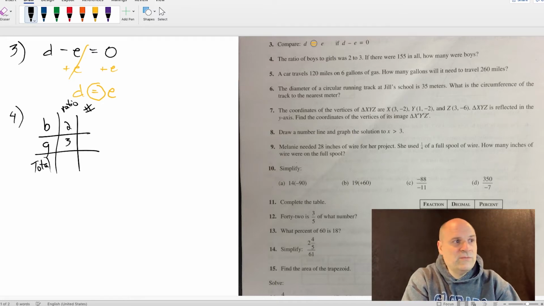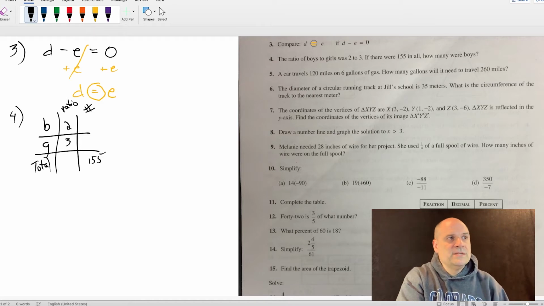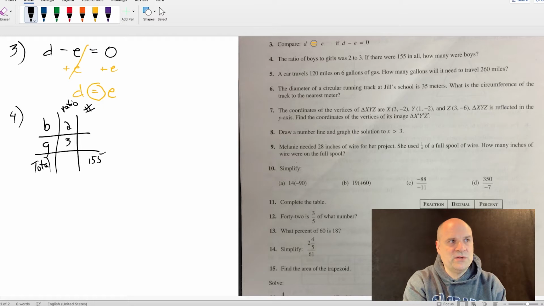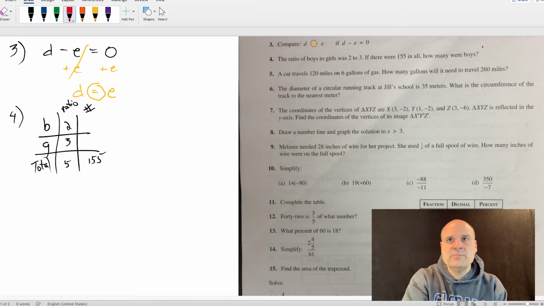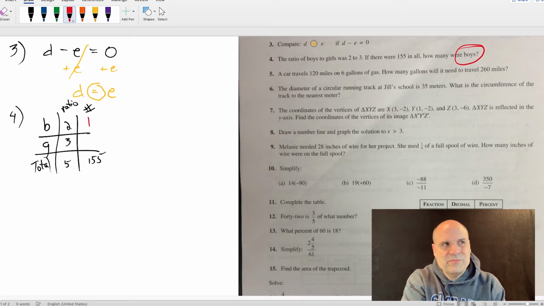And this is where our 155 goes. So in our ratio column, we have a total ratio too. If it's a 2 to 3 ratio, then the total is gonna be 5.